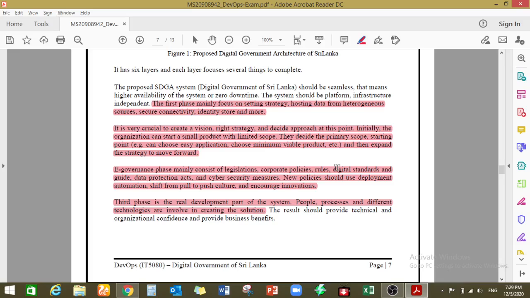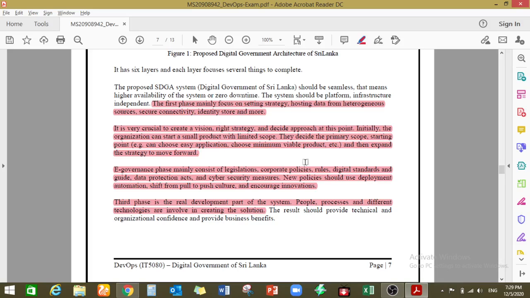The first layer is the infrastructure layer, which is mainly focused on the strategy and hosting data from heterogeneous sources, secure connection, identity store, and many more. It is very crucial to create a vision and the right strategy and decide which approach to follow at this particular stage.